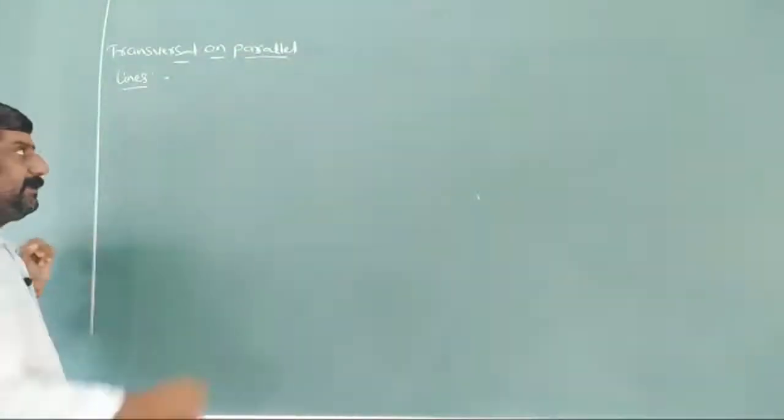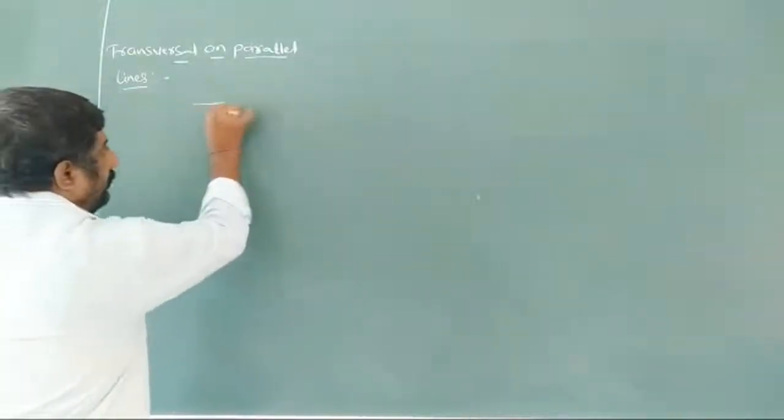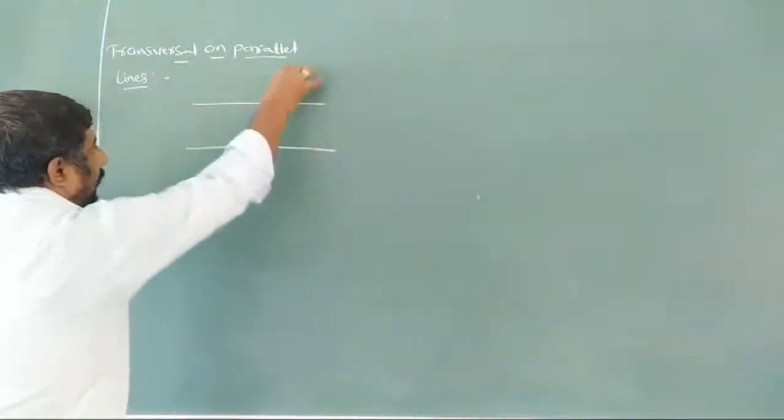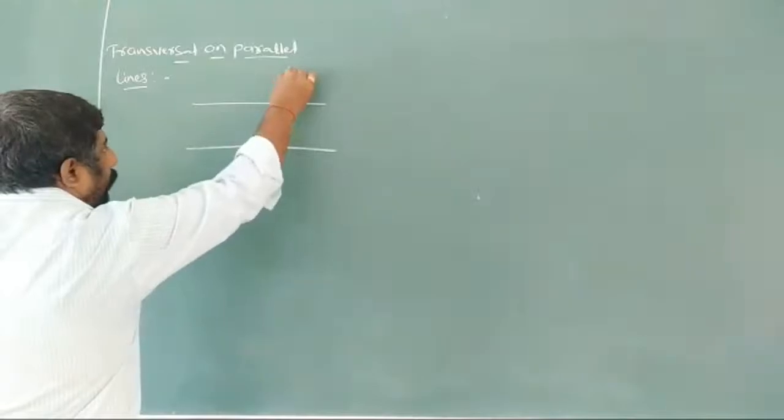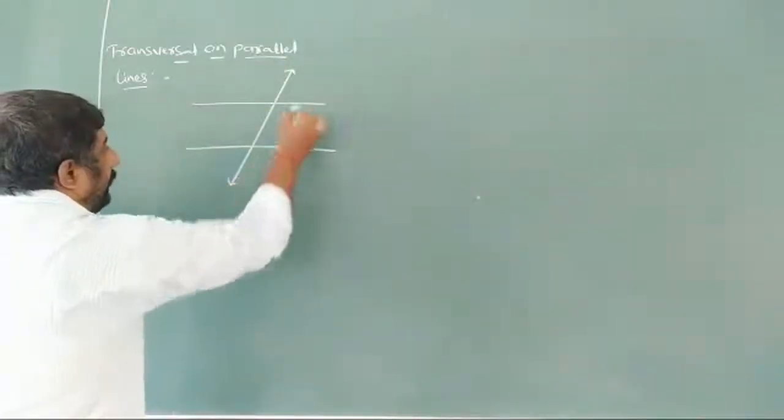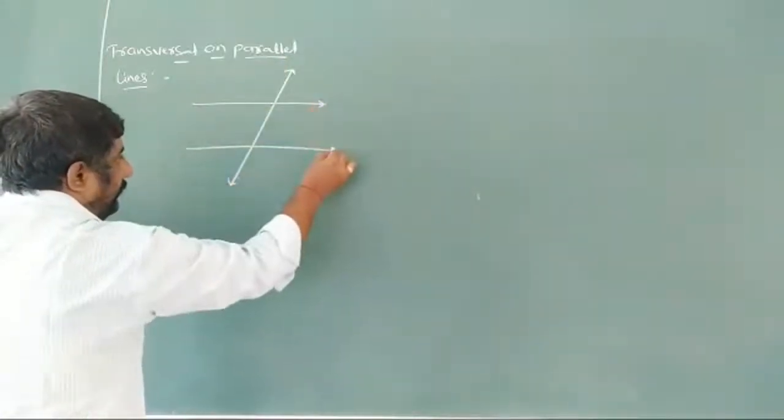Transversal on parallel lines. What is a transversal? If a line intersects two or more lines at distinct points, it is a transversal.